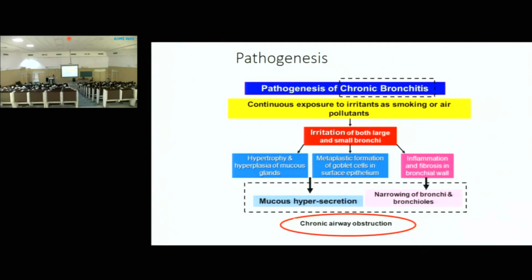Ultimately, due to the increased number of glands and secretions, there will be mucus hypersecretion, and in long-standing cases, inflammation and fibrosis lead to narrowing of the bronchi and bronchioles, and ultimately all this pathology leads to chronic airway obstruction.